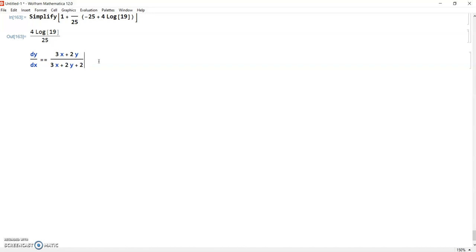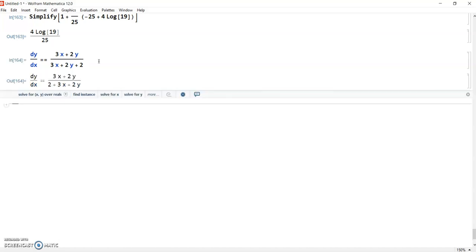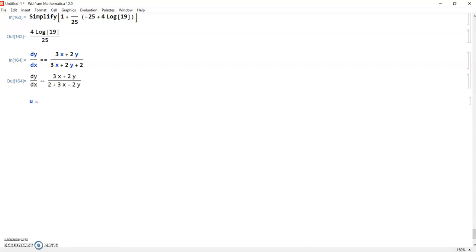Okay, so for this question, we will take a substitution. U is equal to 3x plus 2y plus 2.